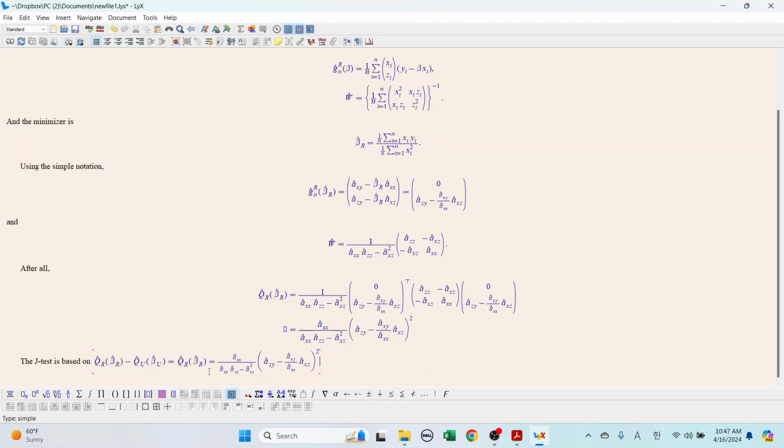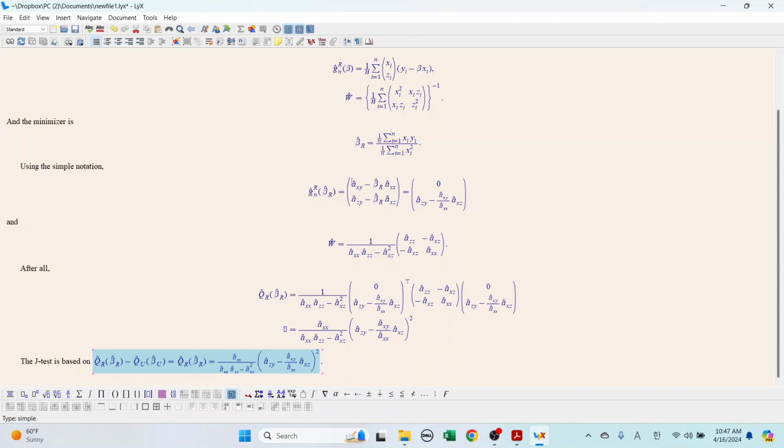So we are going to have this, and we need standardization. We have to multiply something or do something to make it converge to the chi-square distribution. So we are going to do that later.